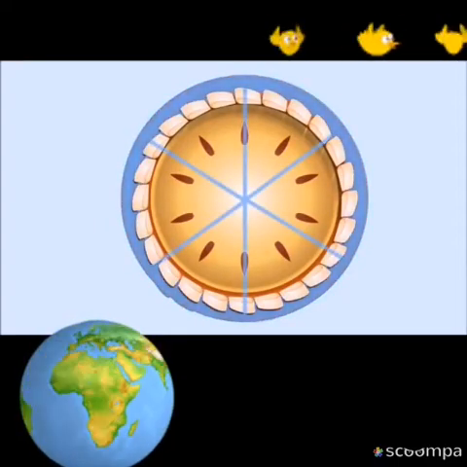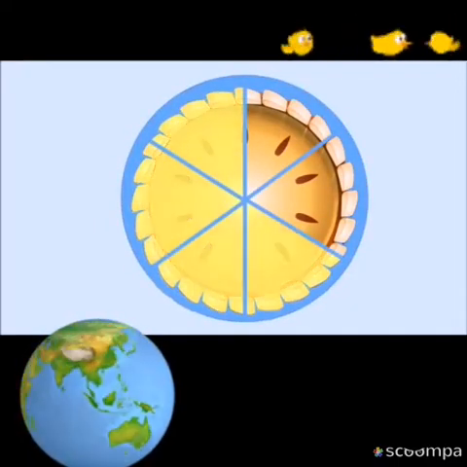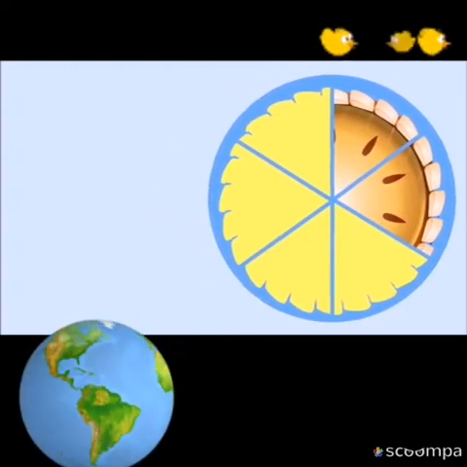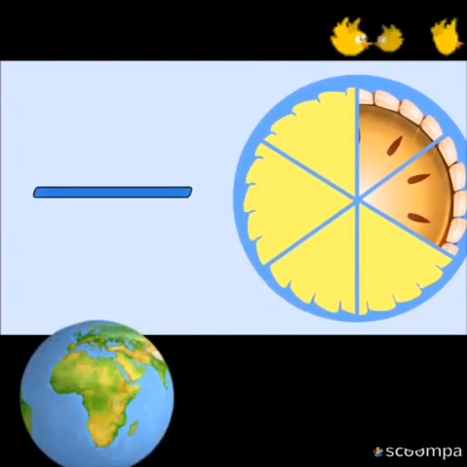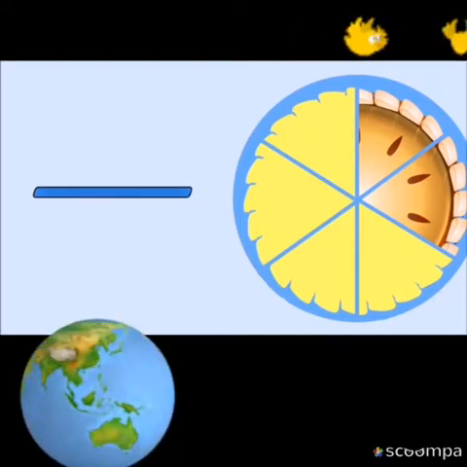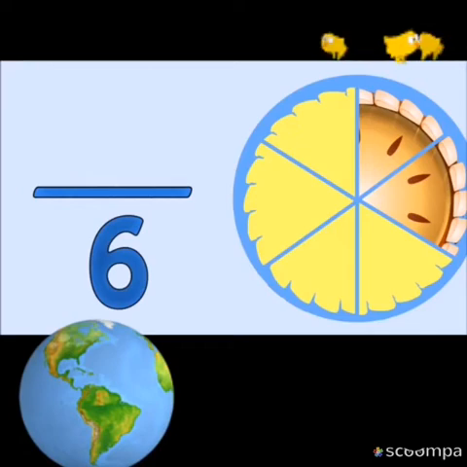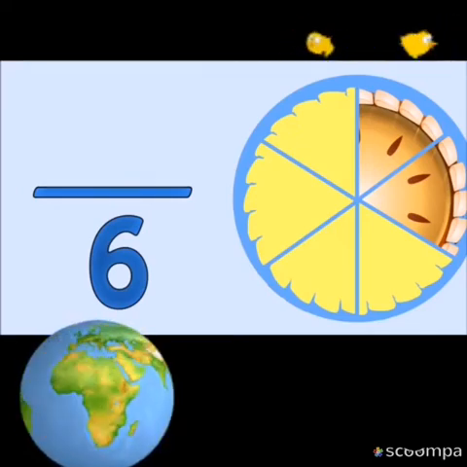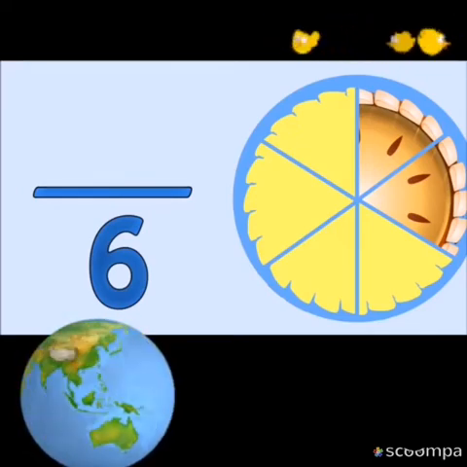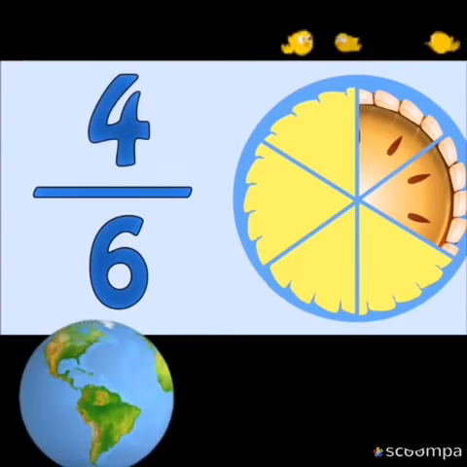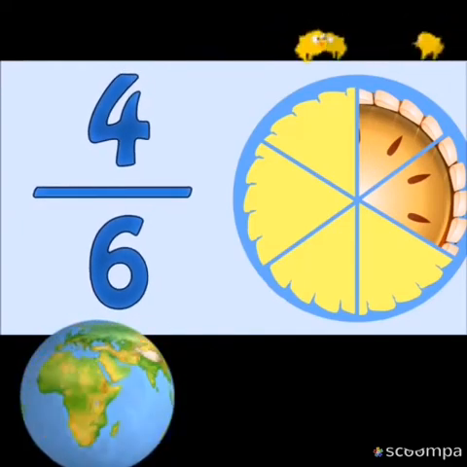Yes, this is a whole one, another one, and I cut this into 6 pieces. In the denominator, I will write the number 6. Excellent, students. For the numerator, I have here 1, 2, 3, and 4. 4 sixths, yes, or 4 over 6.